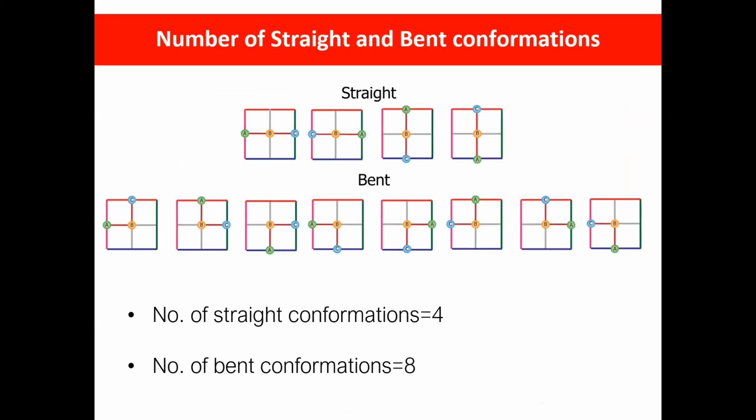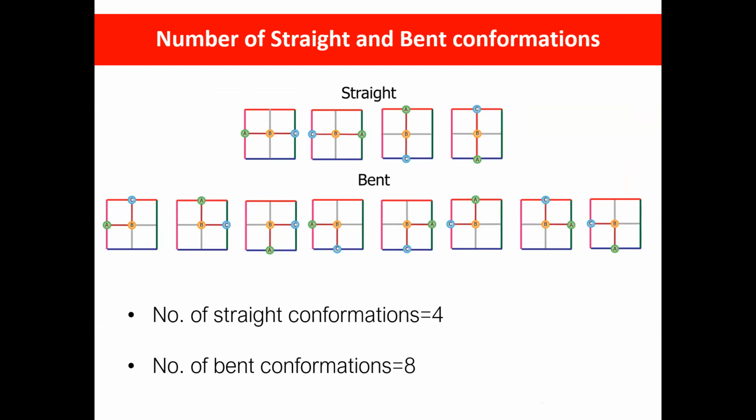Please look at this figure: there are a total of 4 possibilities for the straight macroscopic state, and a total of 8 different possibilities for the bent macroscopic state. So Ws is equal to 4 and Wb is equal to 8.